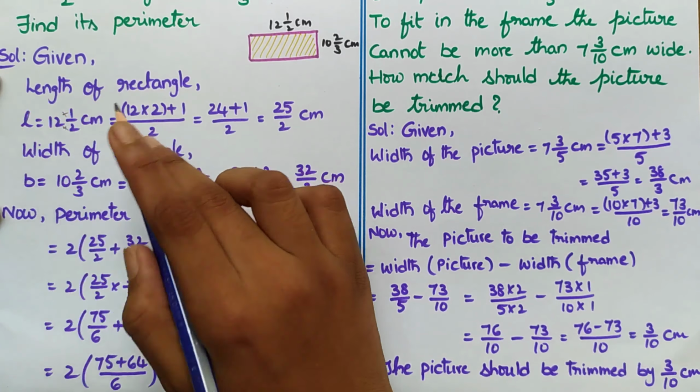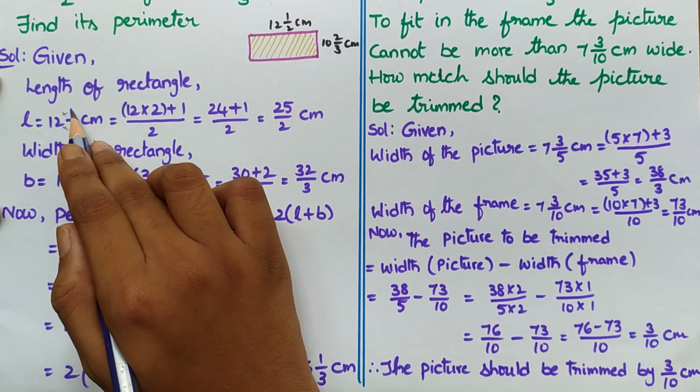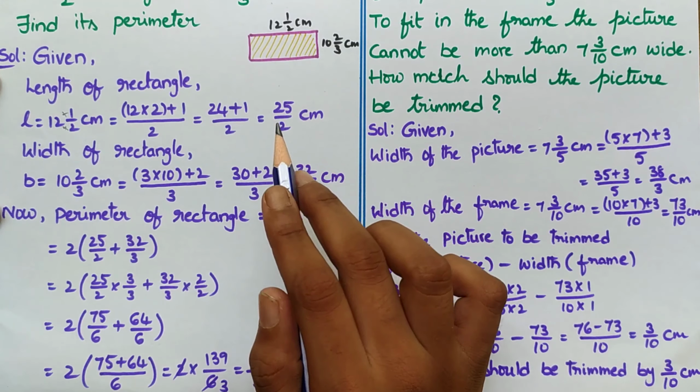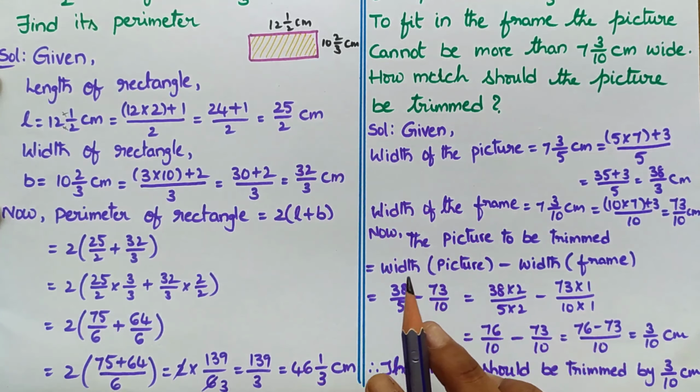So the length of the rectangle is 12 1/2 centimeters, and by converting it into an improper fraction we get 25/2 centimeters.